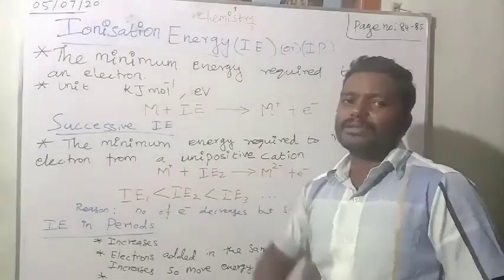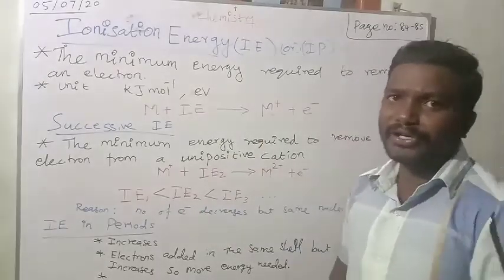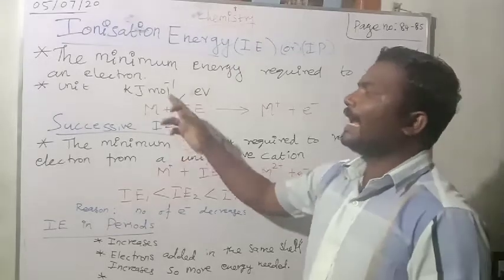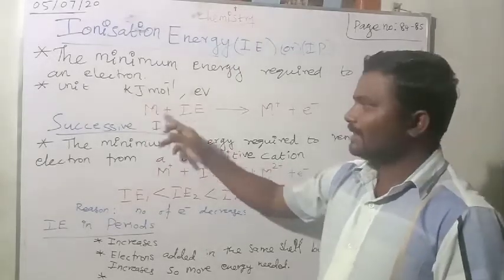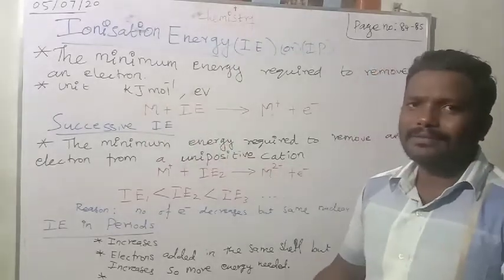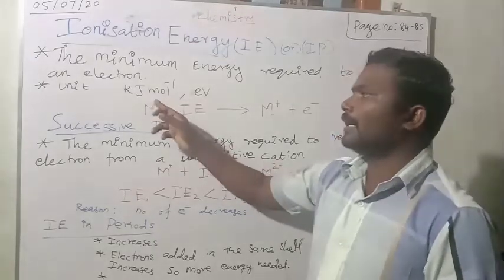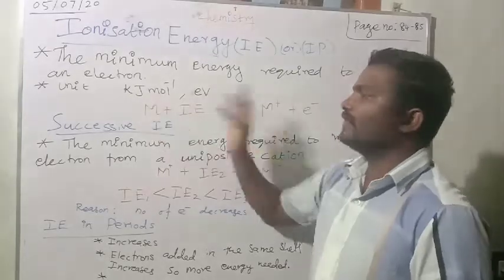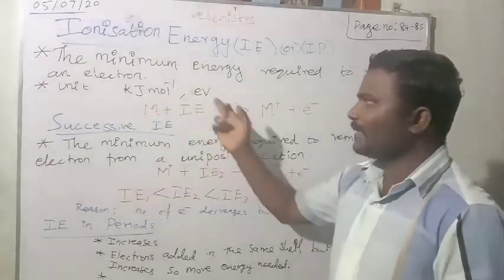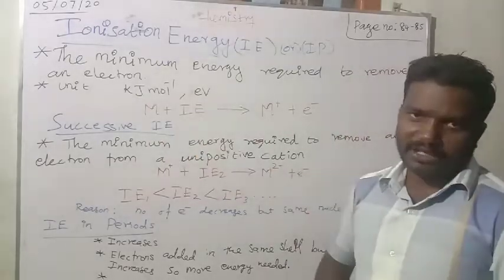So as an equation, how will we explain ionization energy? For example, any atom we take is written as M. It may indicate a metal or an atom, some element indicated with M. We supply some energy, that is the ionization energy.